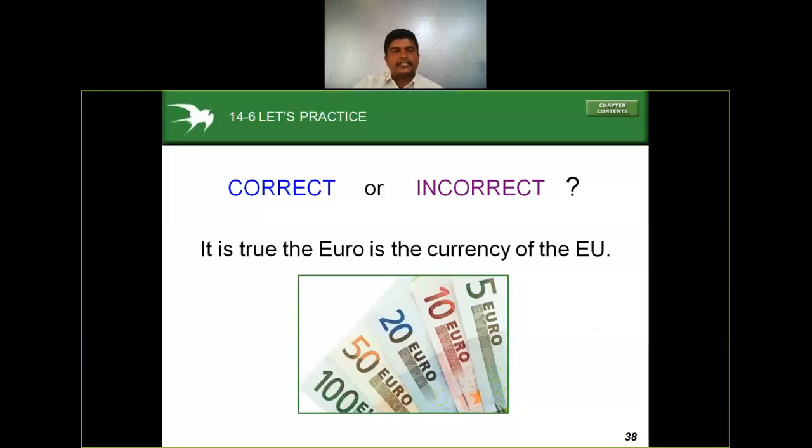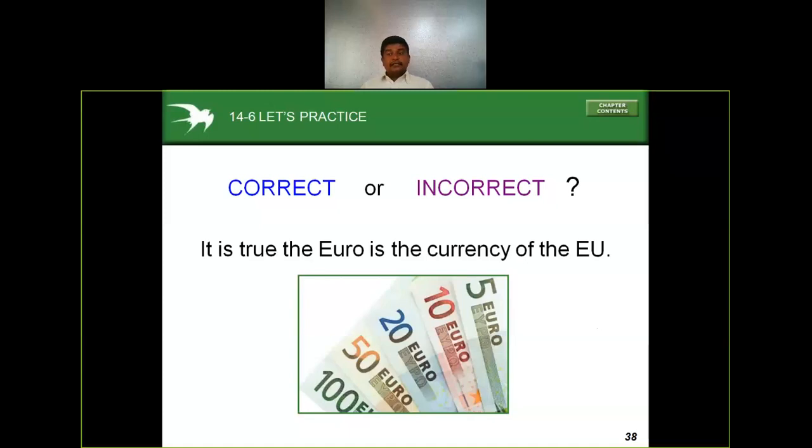Correct or incorrect? It is true the euro is the currency of the EU. Dear students, you know the currencies of different countries. India and all the neighboring countries have the rupee. The United Kingdom has the pound. The USA has the dollar. All European countries have the euro.